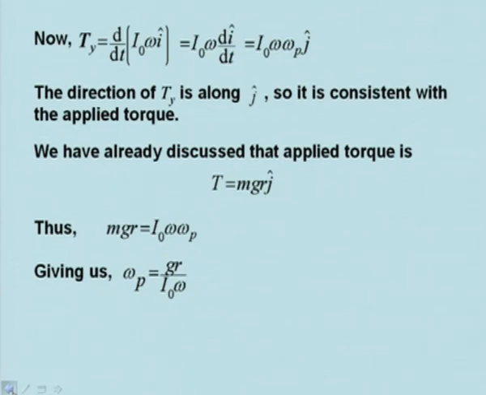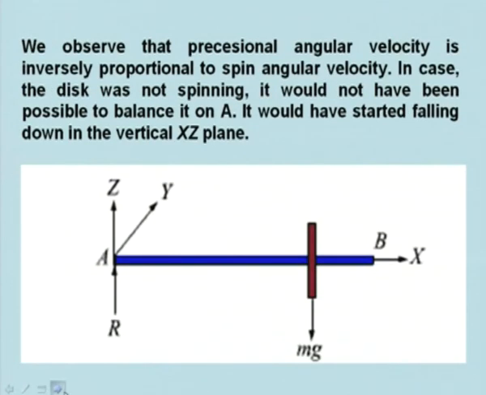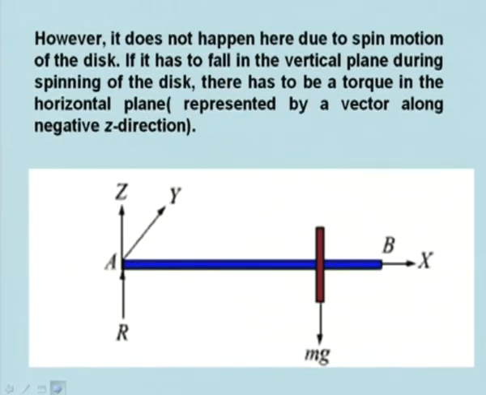It cannot be infinite. Actually, in that case it will basically fall down in the vertical xz plane. However, it does not happen here due to the spin motion of the disk.